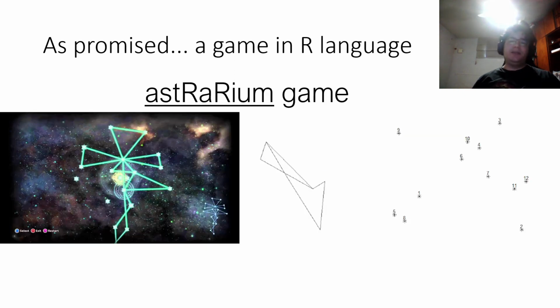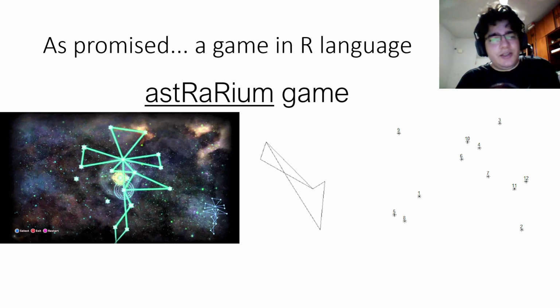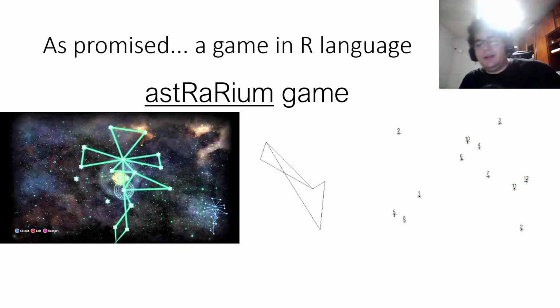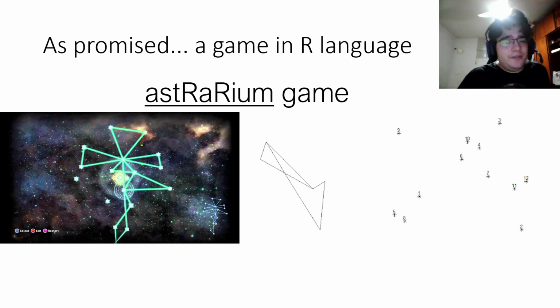And as I promised, there's a game in our language that I made in R, and it's named Astrarium. The Astrarium game is based on a mini game inside the Dragon Age Inquisition game where you had to link stars to create an Eulerian path.